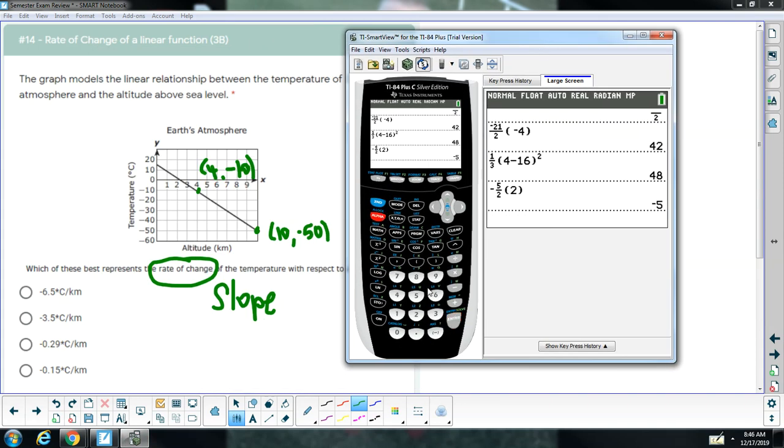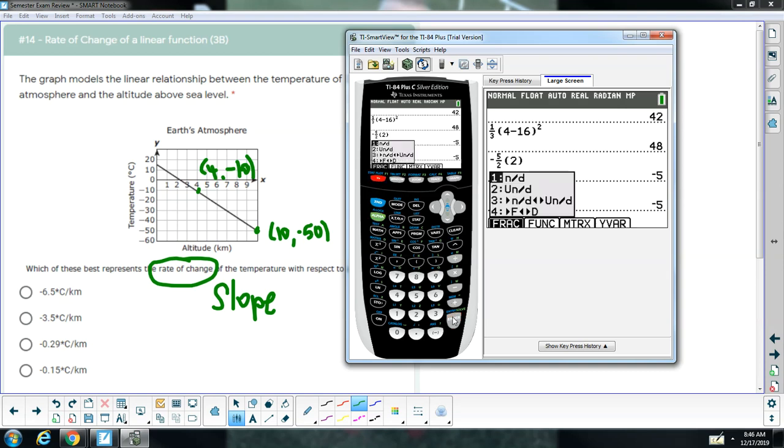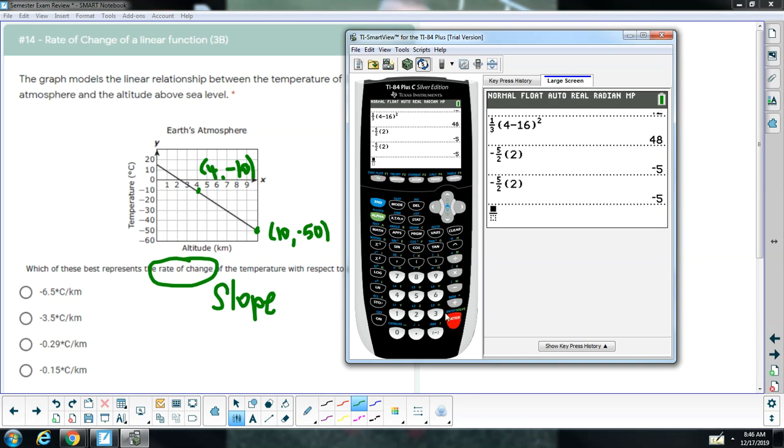So alpha y equals enter. Oops, I missed the button somewhere. Sorry. Alpha y equals enter. Y minus y, so negative 50 minus negative 10. In my denominator, x minus x, so 10 minus 4. Hit enter. Negative 20 over 3.